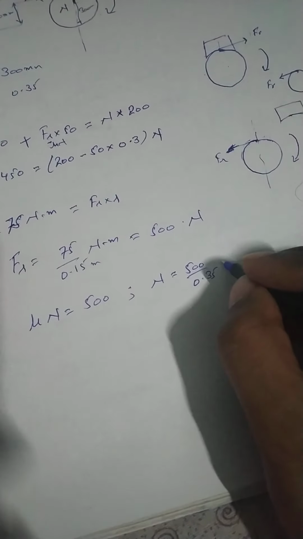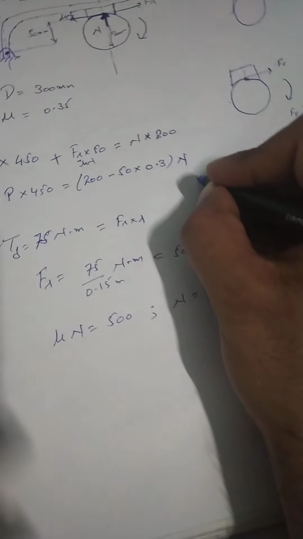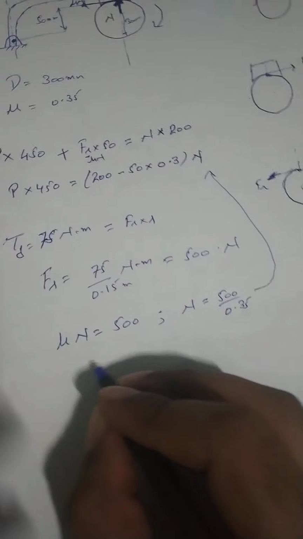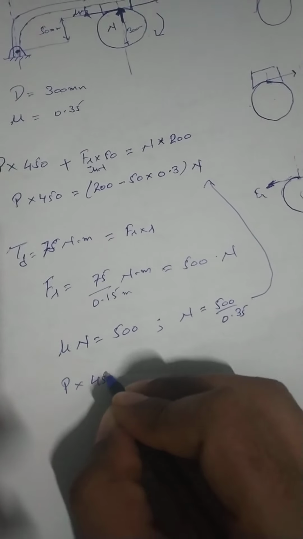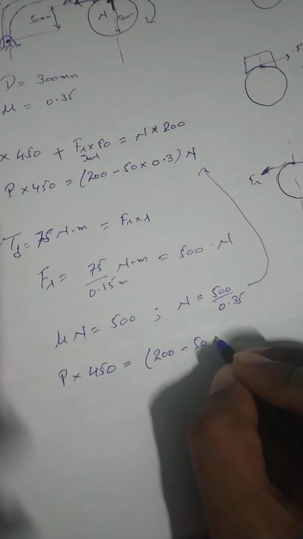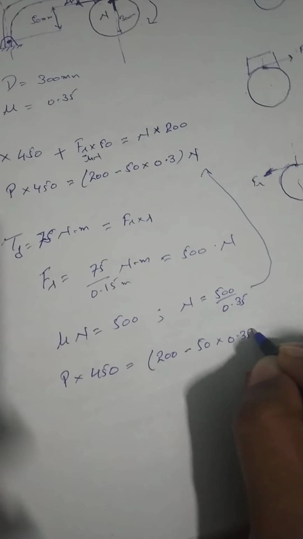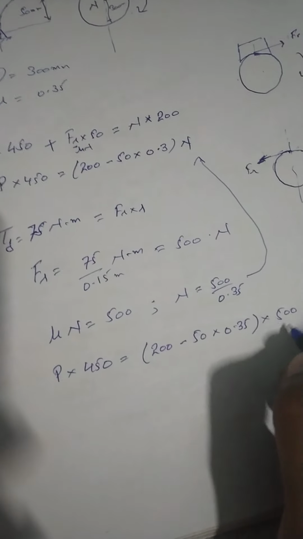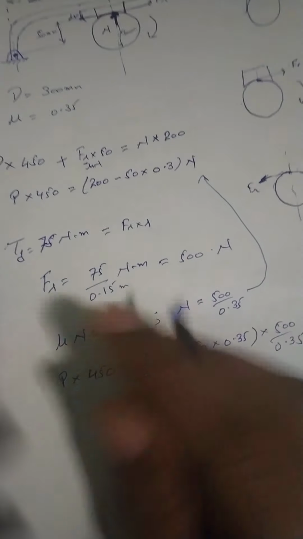Now we can put this value of N into this equation: P into 450 is equal to (200 minus 50) into 0.35 into 500 divided by 0.35.